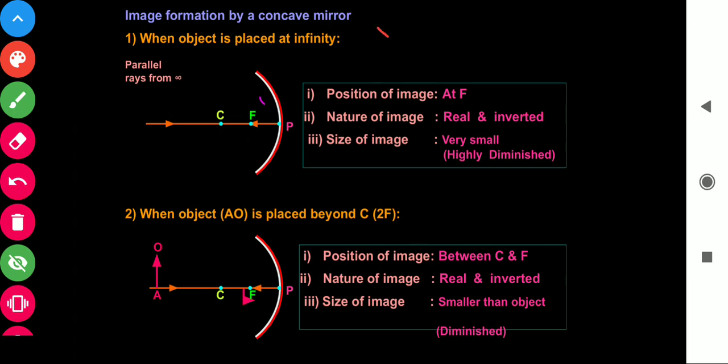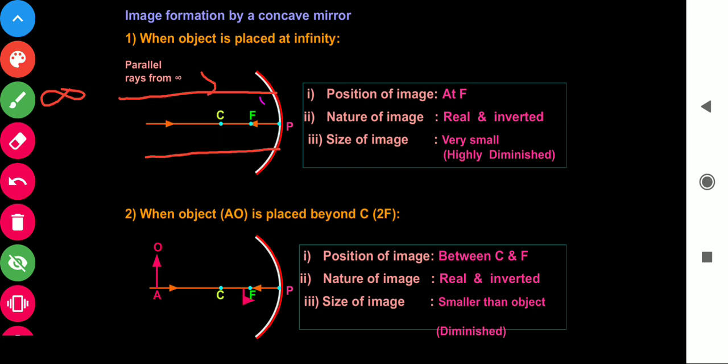This is for concave mirror. The first one is when the light ray comes from infinity. It means the object is at infinity. How will we draw the diagram? The rays in this case will come parallel to the principal axis because the object is much far. We will consider that they come parallel to the principal axis.